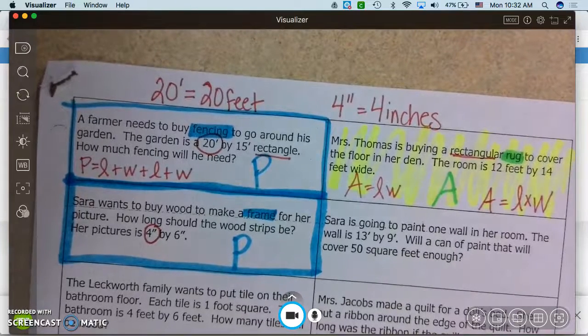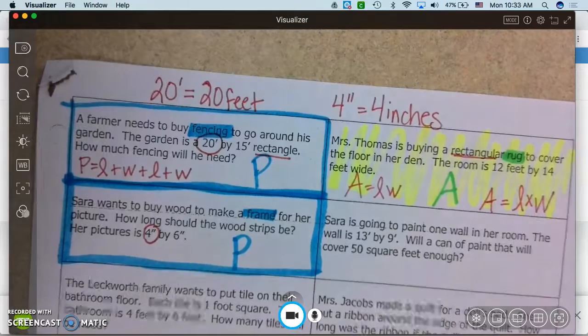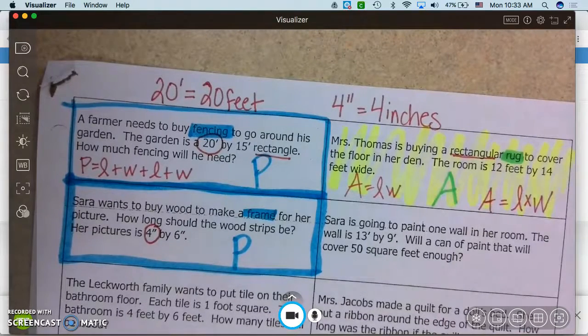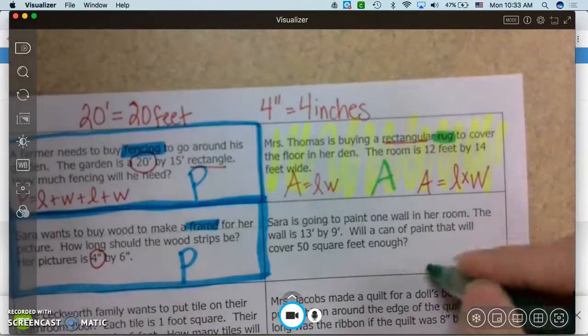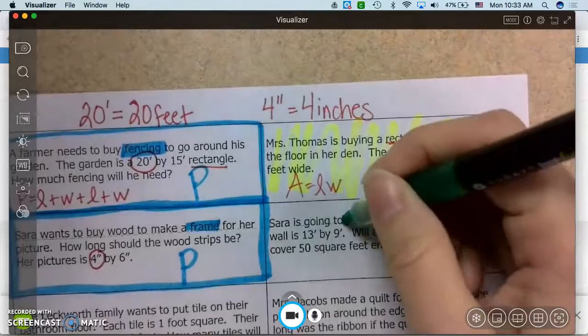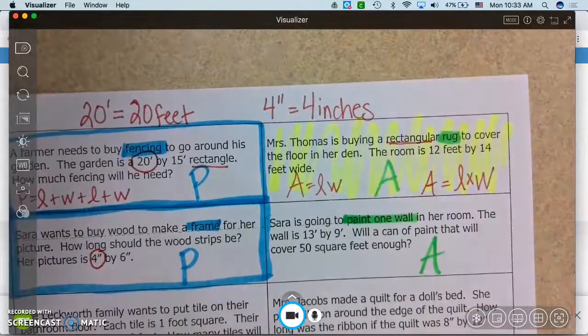Raise your hand if you think area. Good job. It's unanimous. You know what unanimous means? Unanimous means everybody voted for the same thing. This one is area. And where is area? The space inside. She's going to paint a wall. So if you paint the wall, if you cover the whole thing, that would be area.